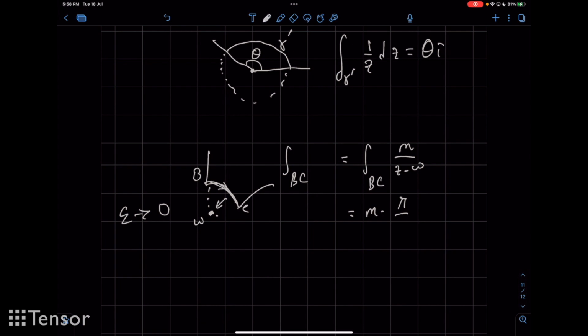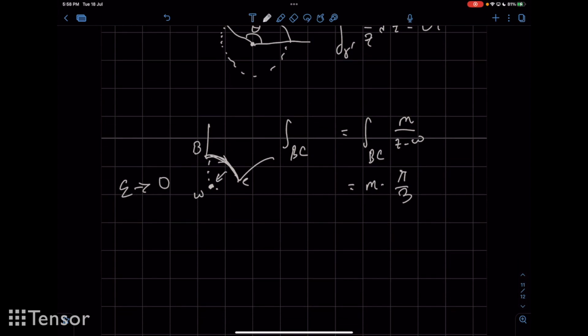Is it pi by 3? Yeah, it's pi by 3, 60 degrees. And of course, we need to divide it by 2 pi I, so we get 1 over 2 pi I.